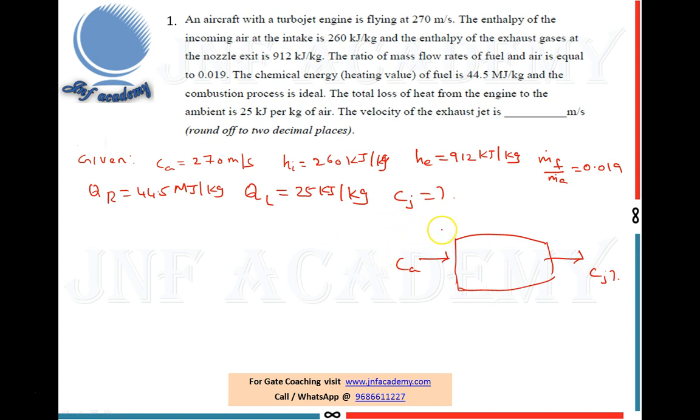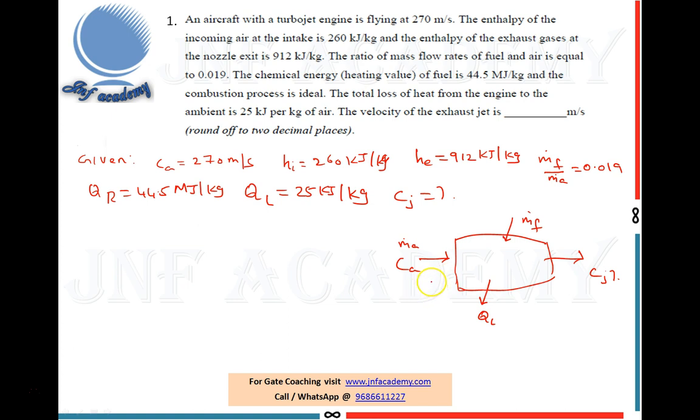CA is given, and mass flow rate m dot A is going in, and m dot F, the fuel, will get added in the combustion process, and the amount of heat that is getting lost out of the engine is QL, which is 25 kilojoule per kg.